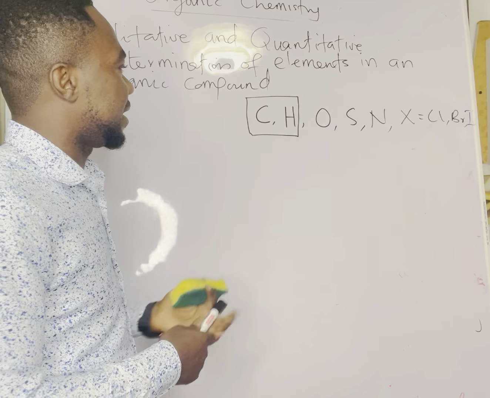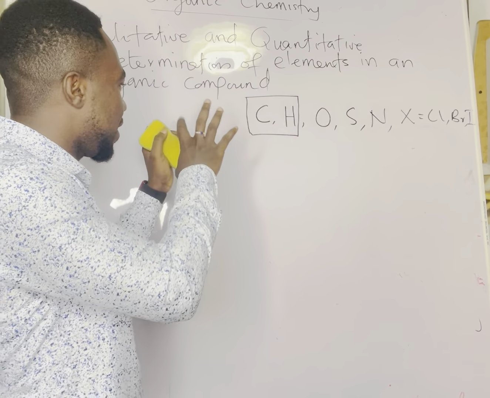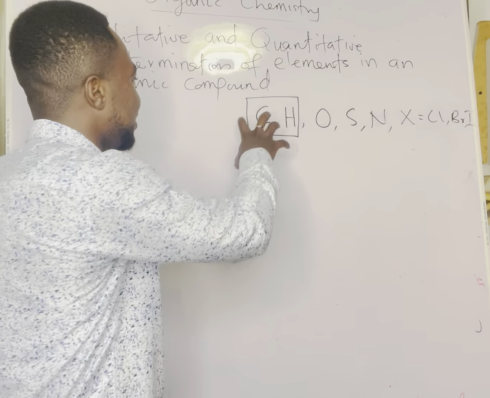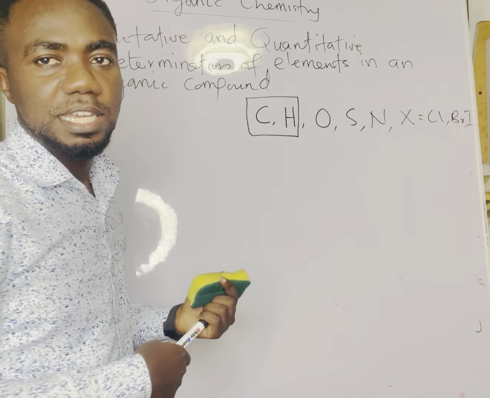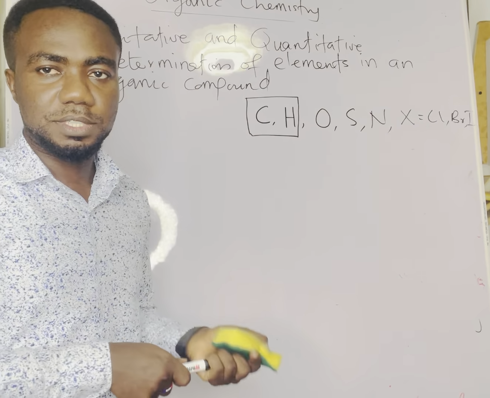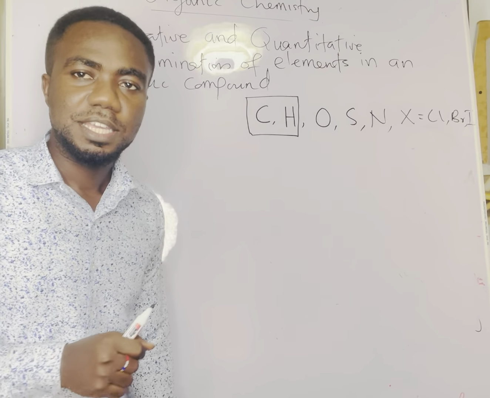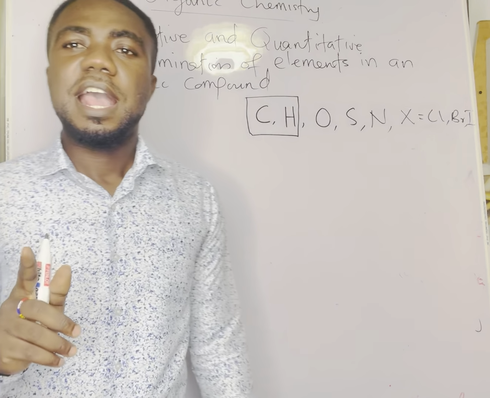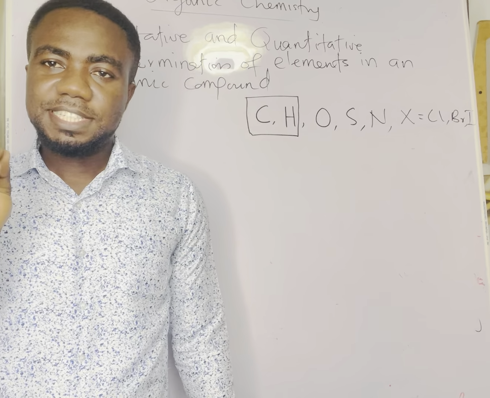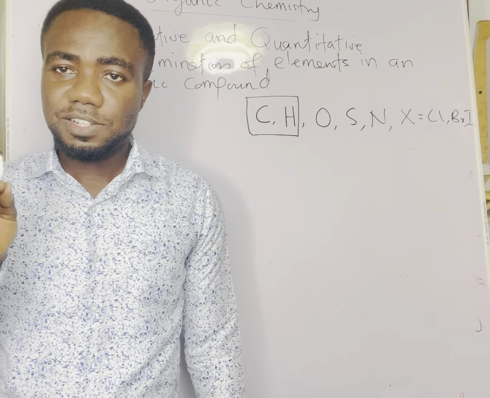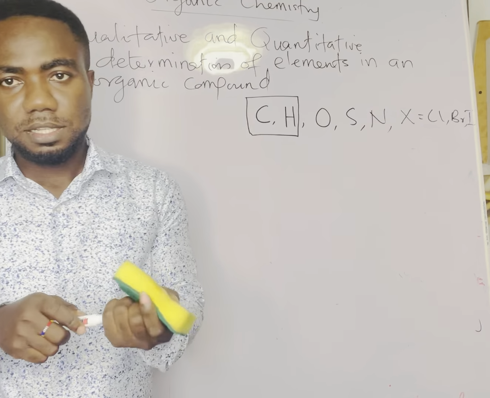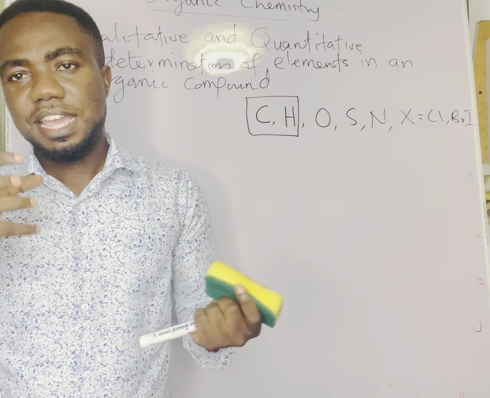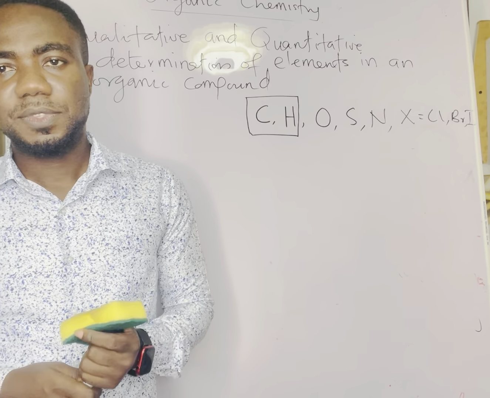Carbon and hydrogen. When you are given an organic compound and you are asked to determine the carbon and hydrogen present in that particular organic compound, then you need to look for a pure oxidizing agent such as copper 2 oxide, and then pure oxygen.